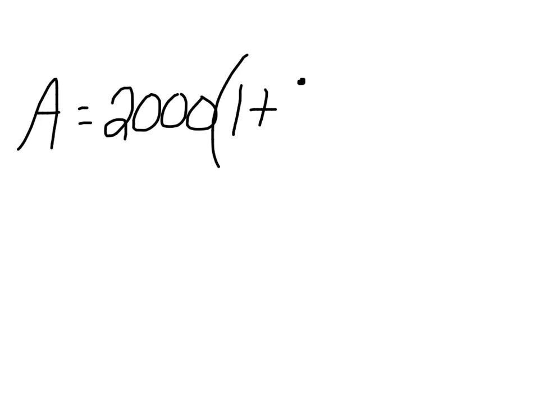We know the interest rate is, what's the decimal for 0.25%? If it's 0.25%, what's the decimal for that? 0.0025. Good. Just move it 2 spaces over to the left, remember?